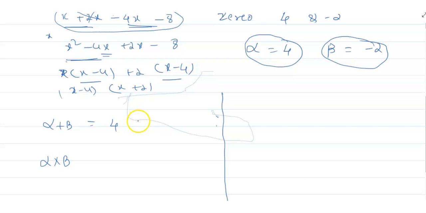And what is beta I have got here? Minus 2. Plus minus 2, so here it is 4 minus 2, I get 2. And the product, alpha is 4, beta is minus 2, I'm just inserting the zeros here. I will get 4 into minus 2, which is minus 8. This is using zeros directly.